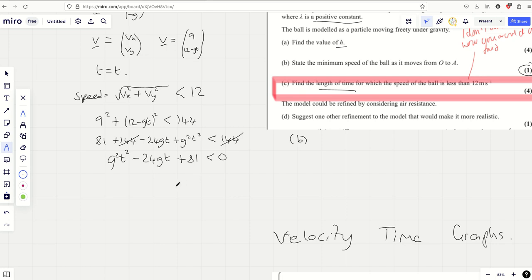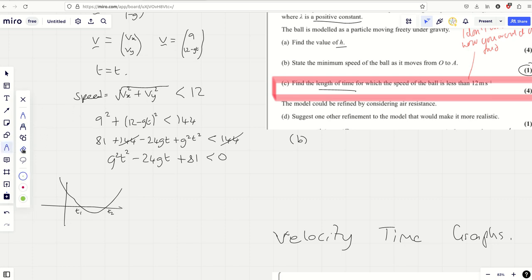This is one of those things where you're dealing with a positive quadratic and you want it to be less than 0, so between two times it's going to be less than 0. That's why t is trapped between two times.